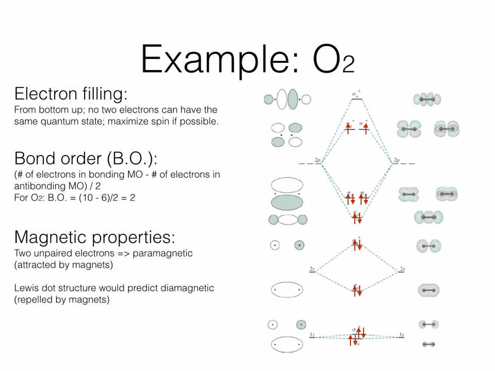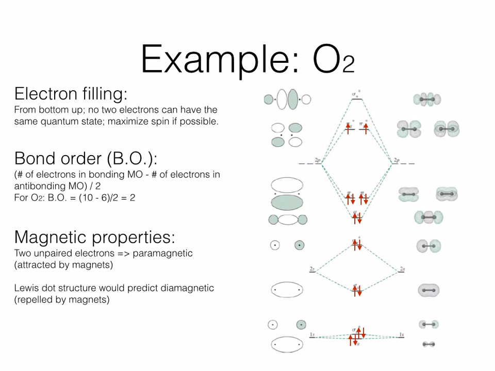In contrast to this prediction is what you would predict from the Lewis dot structure. In that case, the Lewis dot structure predicts that the two unpaired electrons in the oxygen atom would both form a chemical bond. So those two unpaired electrons in the oxygen atom would be paired with the other two unpaired electrons in another oxygen atom. So there should not be any unpaired electrons in the oxygen molecule.